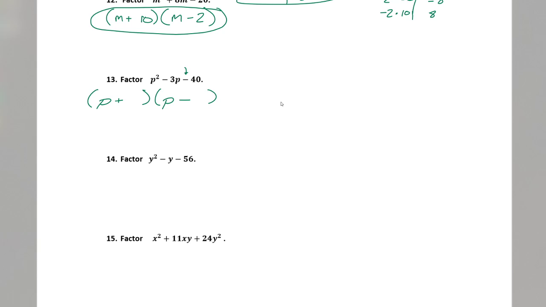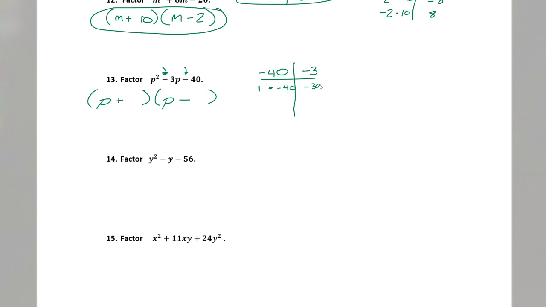Our last term was negative, so we're looking for factors of -40 that add up to be -3, so the larger number will have the negative. So factors of 40, we have 1 times -40, and I gave it to the larger number, remember, because the greater number determines this negative part right here.